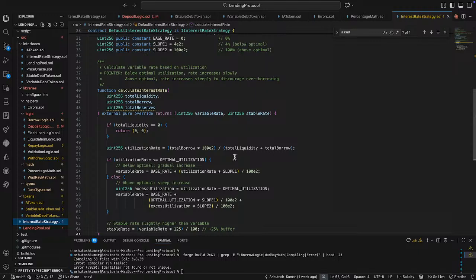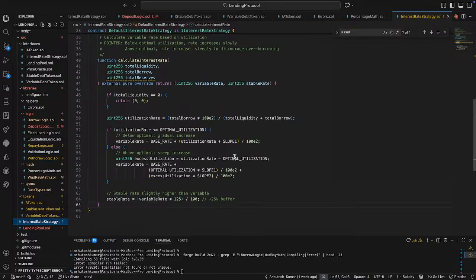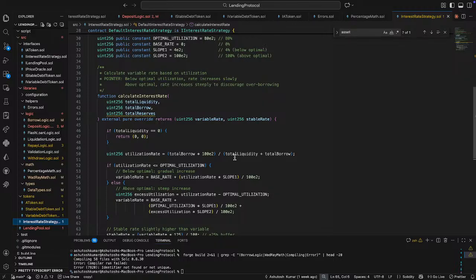Currently we just have to pass the utilization, and based on that it will give me the interest rate. Interesting. Just the utilization. You don't have to worry how much percentage or whatever it is there.